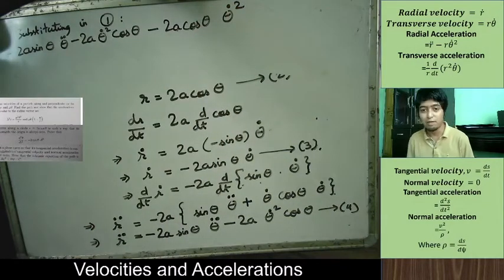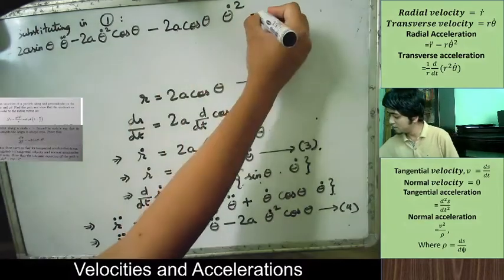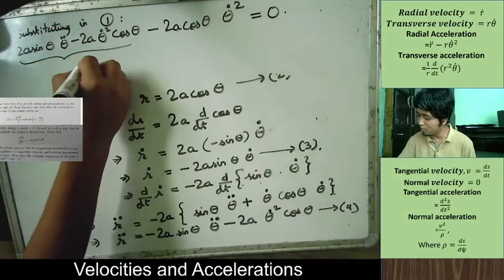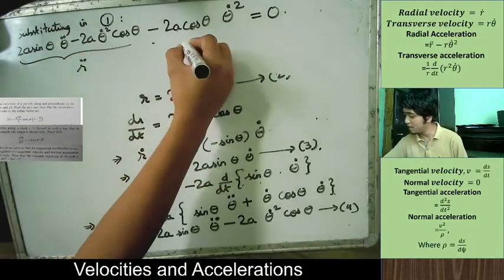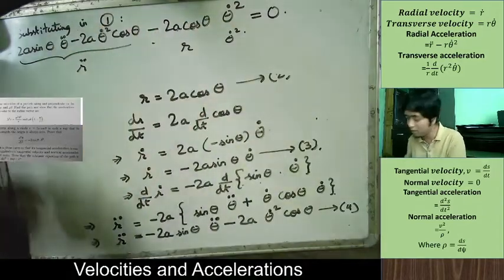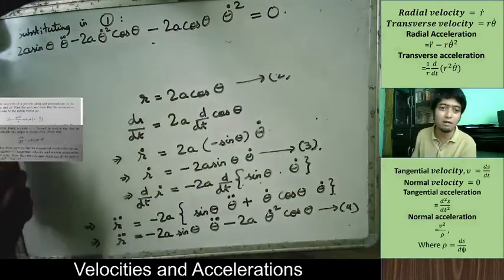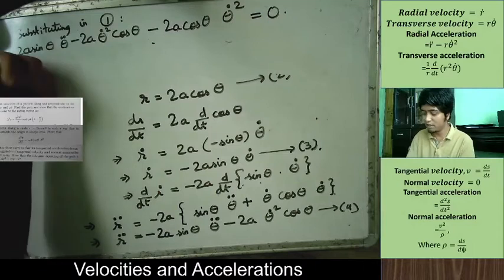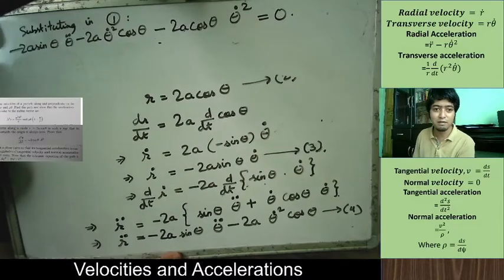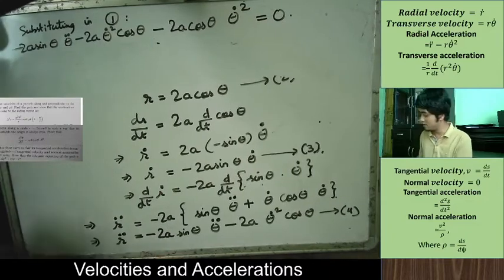All of this is equal to 0. Again, this one is r double dot minus r theta dot square, and it's equal to 0 if we substitute it in equation 1. This one is a minus sign, but it's okay. I hope that is clear.